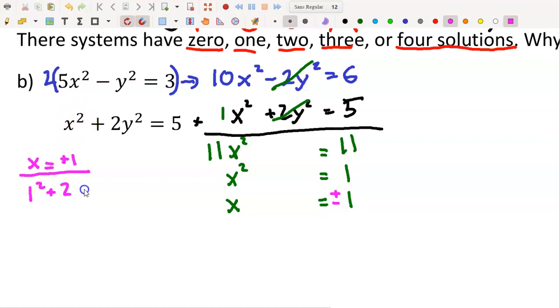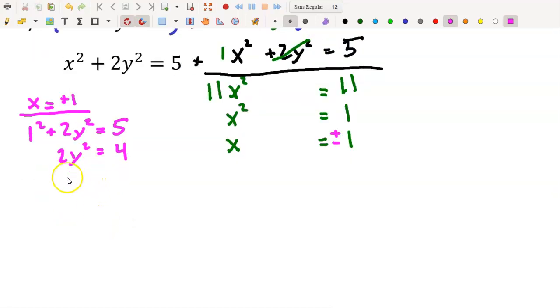So we got 1 squared plus 2y squared equals 5. So we got 2y squared equals 4 by subtracting 1 on both sides. So we have y squared equals 2, dividing by 2 on both sides. So we have y equals √2, plus or minus.